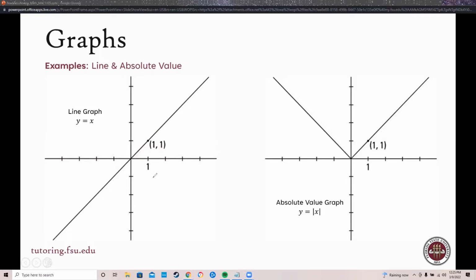Another quick example would be a line graph and an absolute value graph. Similarly with the quadratic and cubic functions, the absolute value implies that any value of x you plug in is going to be positive.